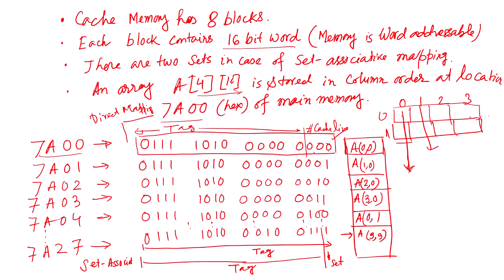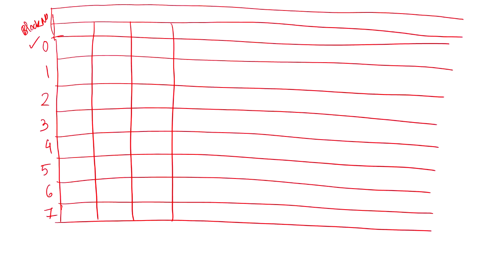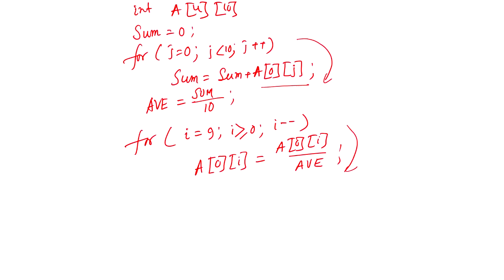These least 3 bits decide the block number. So, it is 00. So, therefore, it will be stored in the cache block 0. What it will store? A00.